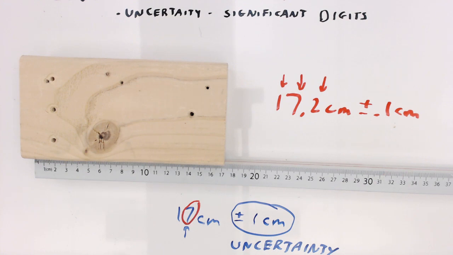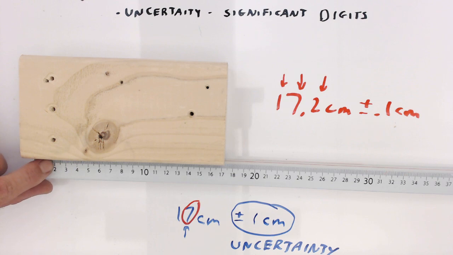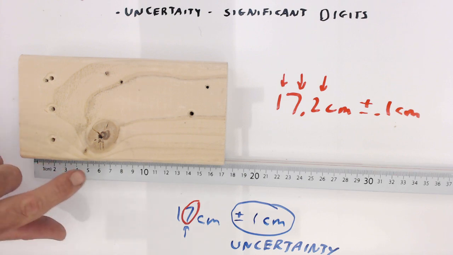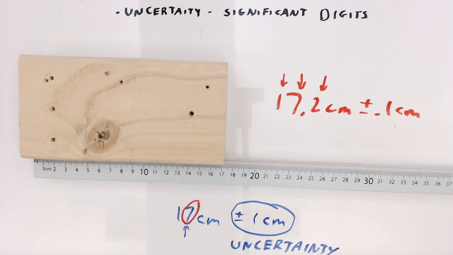So your first task is to decide what decimal places are known for sure. On this ruler, it looks like I have the ones place and the tenths place, because there's 10 little spaces between the 2 and the 3. That means using this side, I know the tenths place, so I would guess the hundredths place.